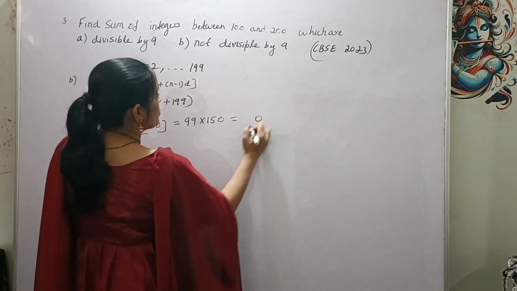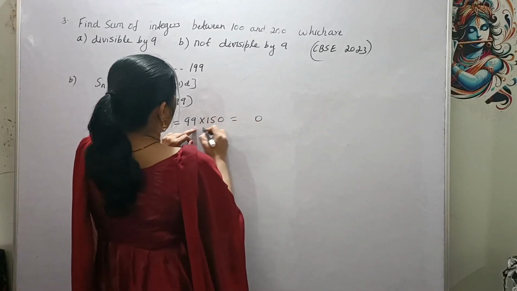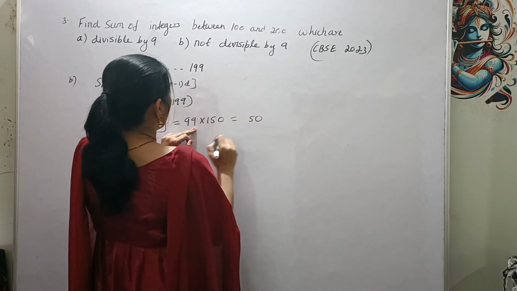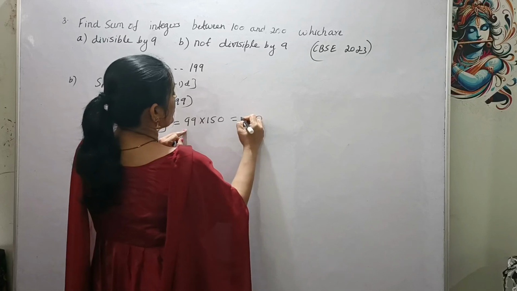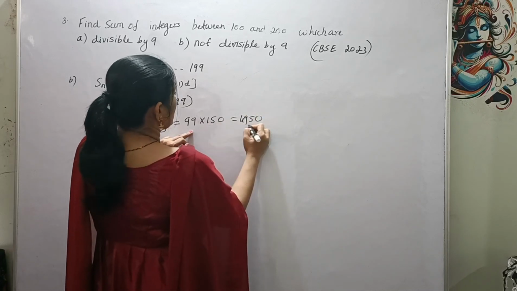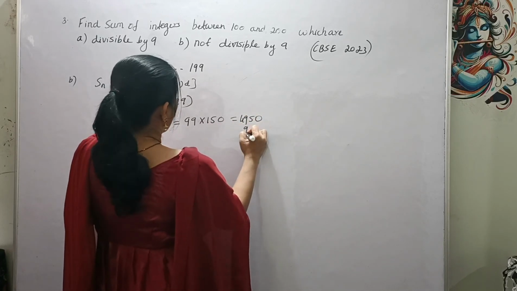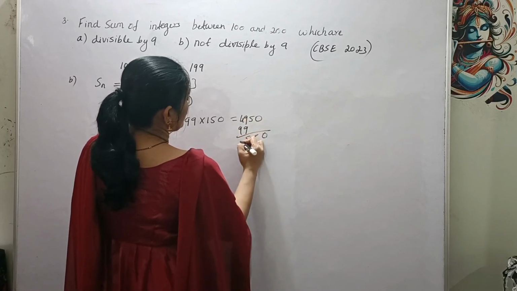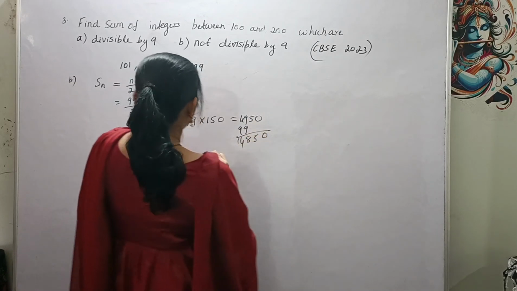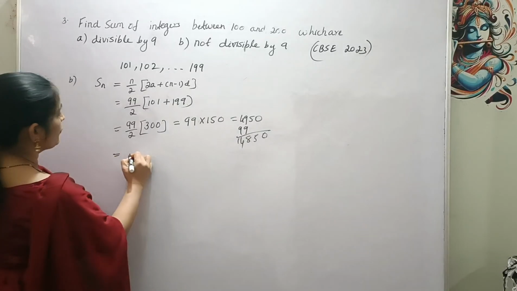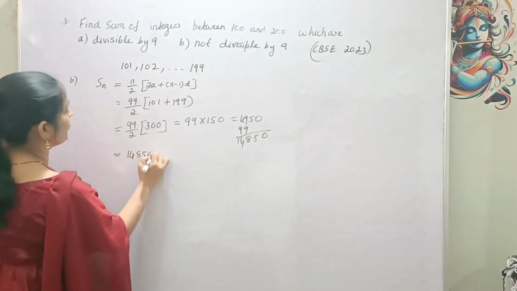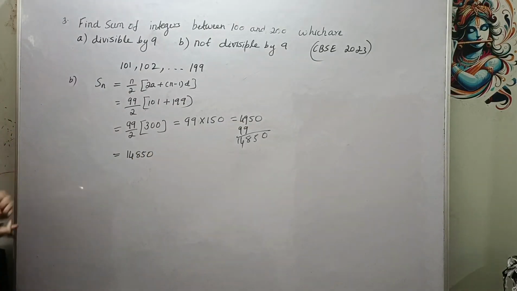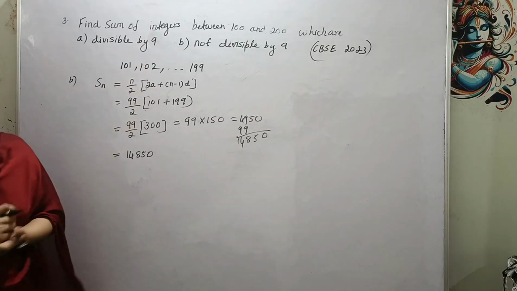That is equal to 99 times 150, which gives 14,850. So it is the sum of all integers between 100 and 200.